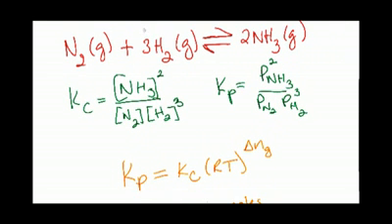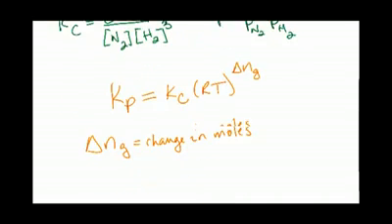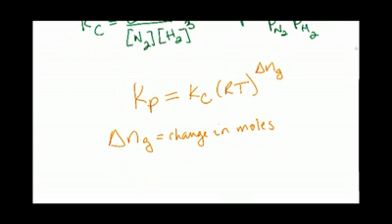Like for instance, here there's 3, here there's 1, so there's a 4 on this side, and here there's 2. So we would have a delta n of, so it's moles of, you guys remember that the lowercase n is moles of products. This is gas, right?